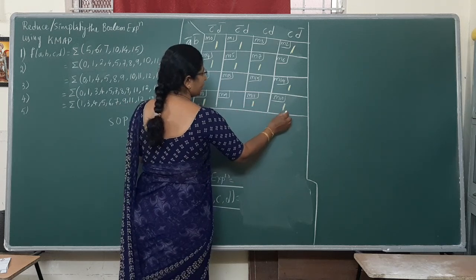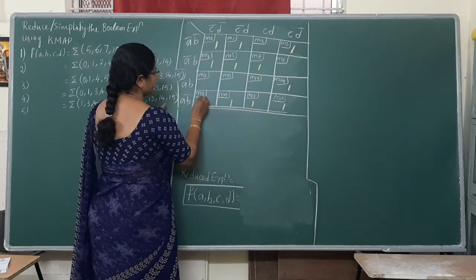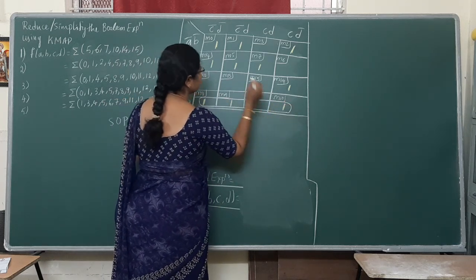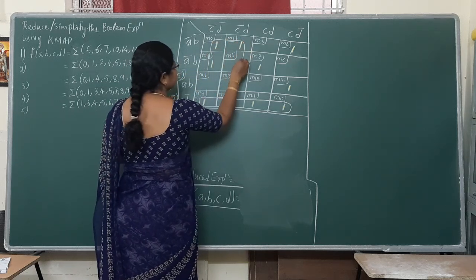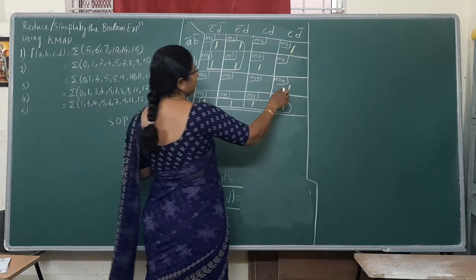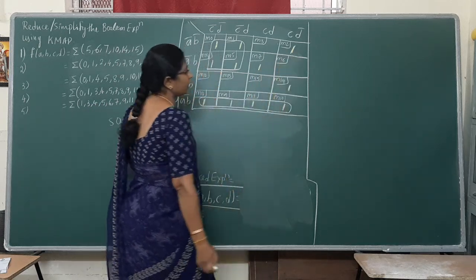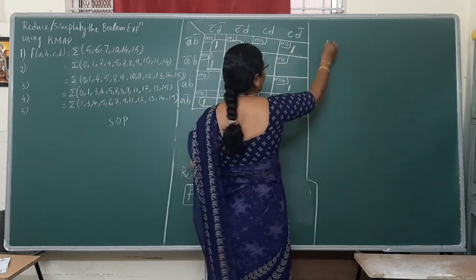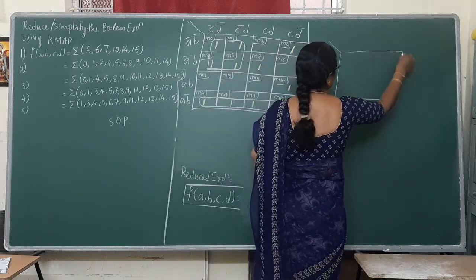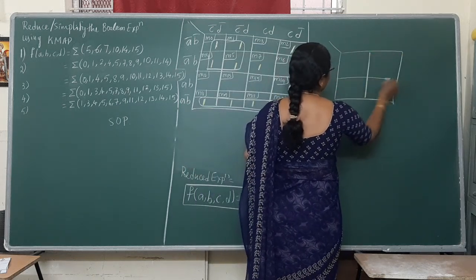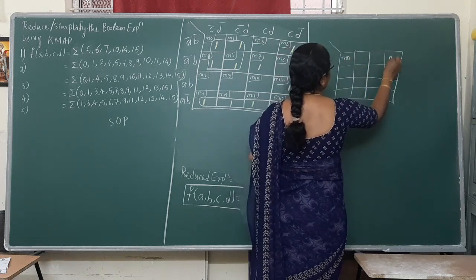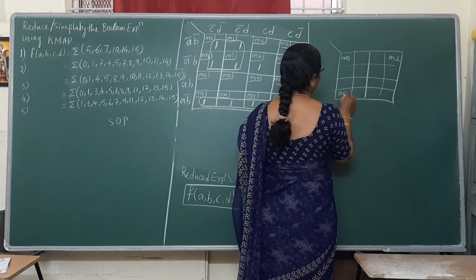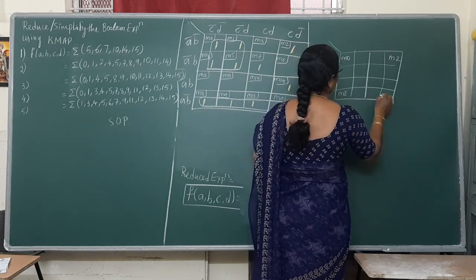All 4 are adjacent. This is one quad. These 4 are adjacent. One quad. Then here one, here one, here one is there. And please remember, when you have M0, M2, M8, M10.